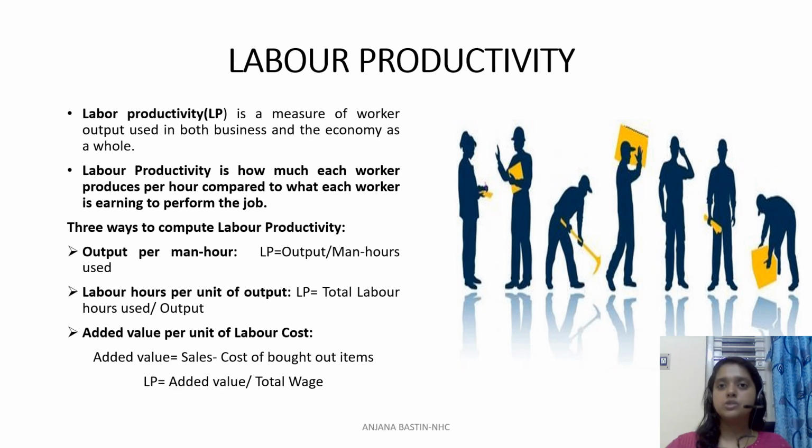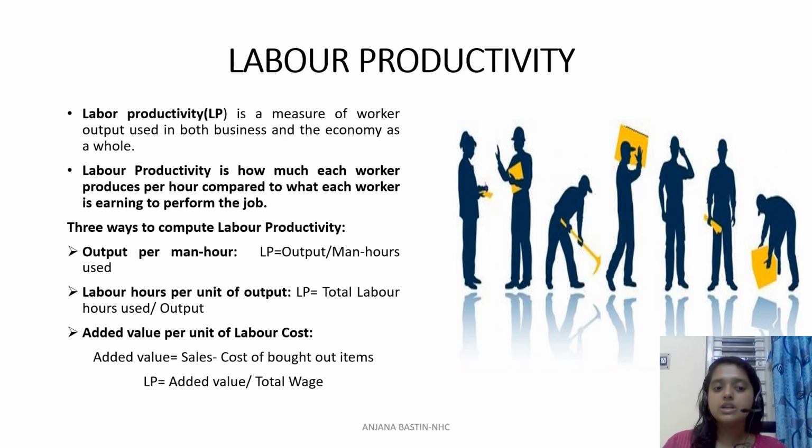Get the pen example right. So we take the total output, divide by the total man hours which we used, and we get the output per hour.